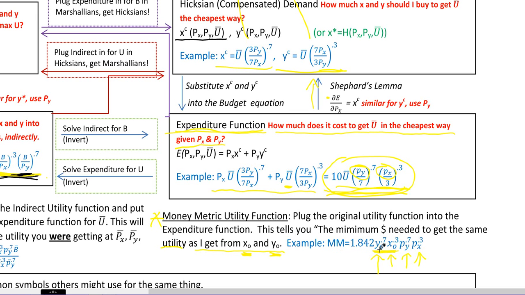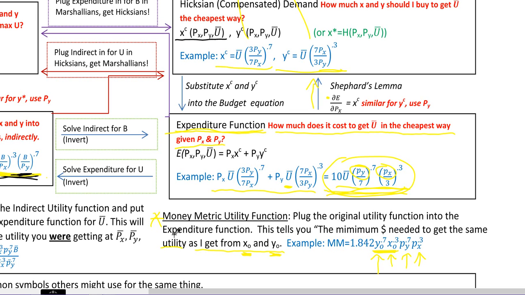But we're going to tell you how much money you need to do it the cheapest way, right? Because 3 hot dogs and 2 hamburgers might not be what actually maximizes your utility. So we're going to figure out how to get the same amount of utility in the cheapest way. This is called a money metric utility function.